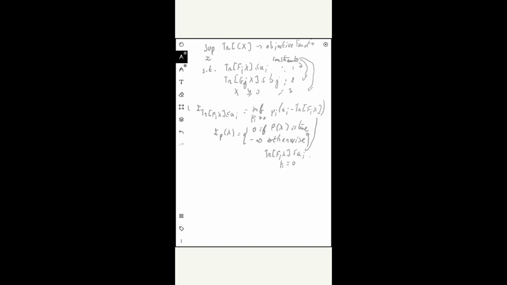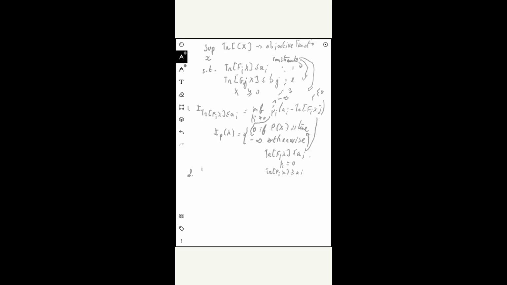And if it is not true, then trace of Fi of x is superior to ai, so ai minus trace of Fi of x will be inferior to 0. Because it is not true, you can just push this to minus infinity, and you get into the other case, saying that if it is not true, you go to minus infinity.